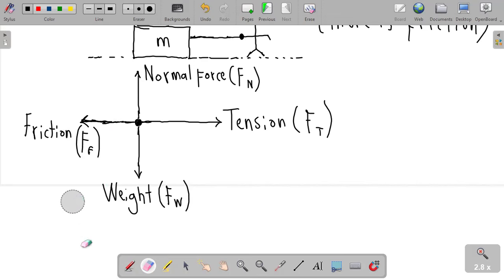Yes, friction. So if there is movement, this is how you represent it. So these are the forces: there is tension, there is frictional force acting in the opposite direction, there is weight going down, and then there is normal force, which is perpendicular, directly upwards or directly away from the surface. Okay.